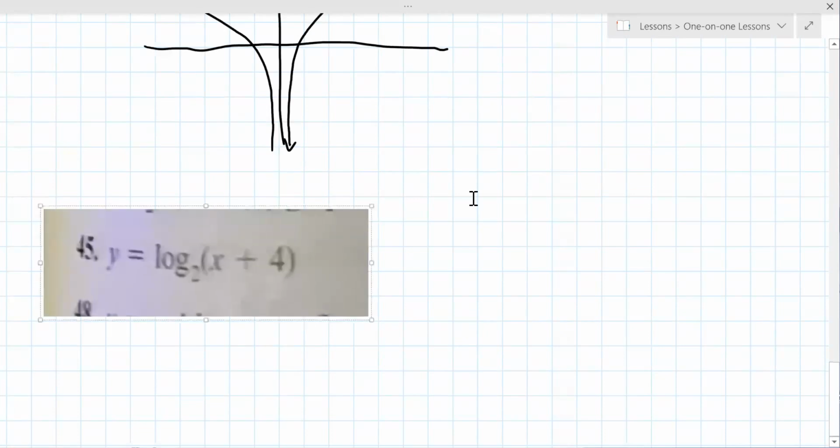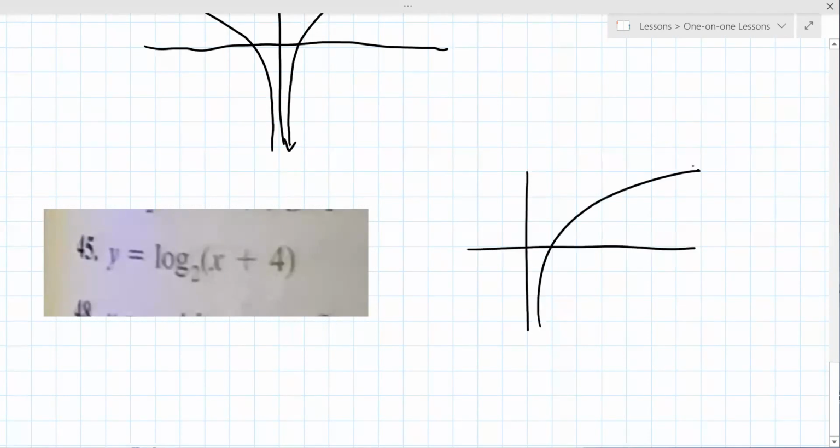What is the transformation of this? Because the base graph we know goes like this. So what does x plus 4 do? Well, it goes left 4 units. So you would move every point left 4 units, but it changed the vertical asymptote, and it ends up looking like this.